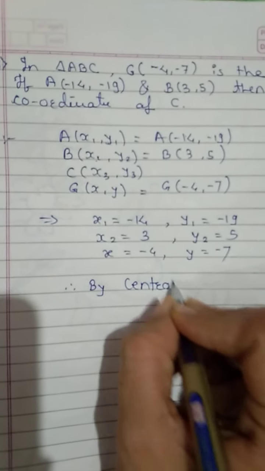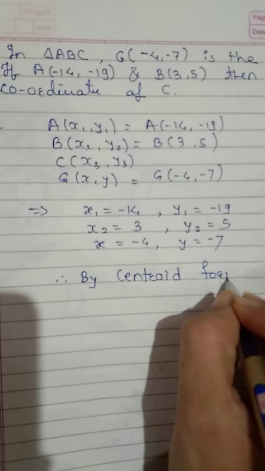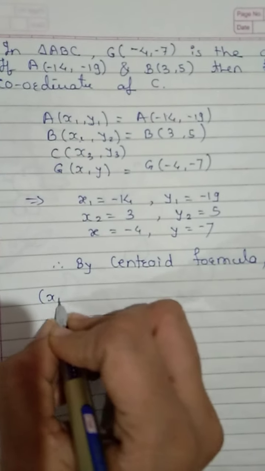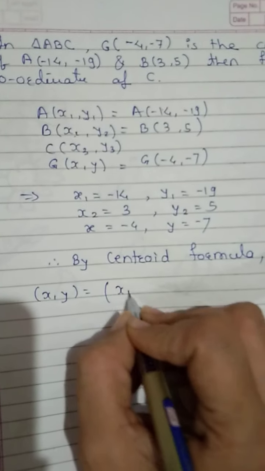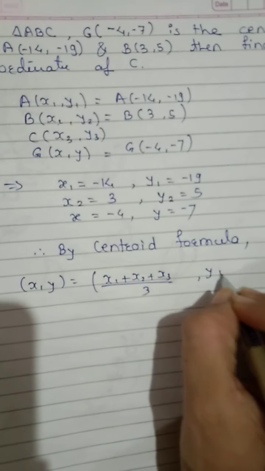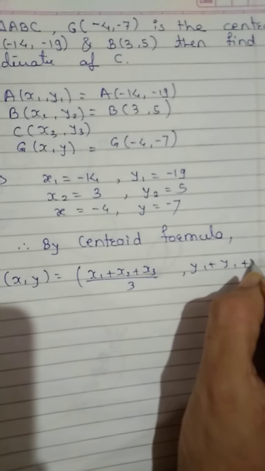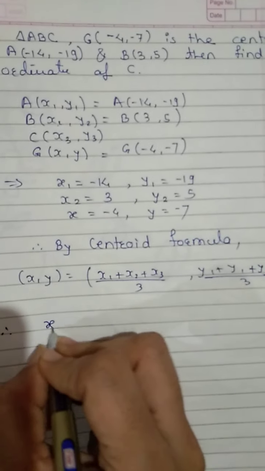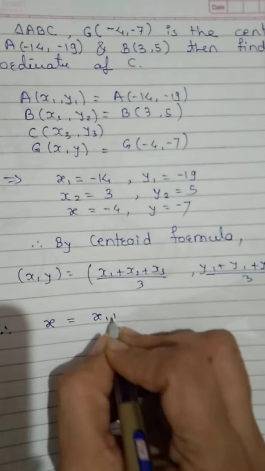What is your centroid formula? All of you know very well. (x, y) is equal to (x1 + x2 + x3) divided by 3, and for y, (y1 + y2 + y3) divided by 3. Let's write for x.